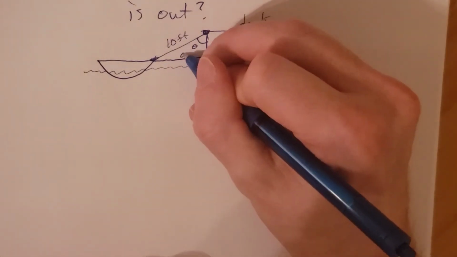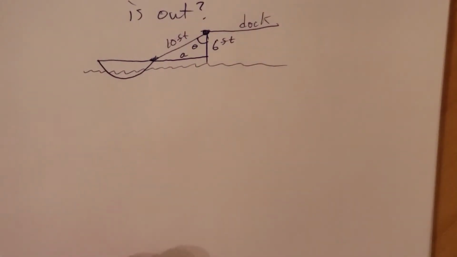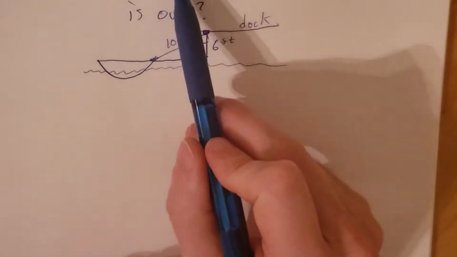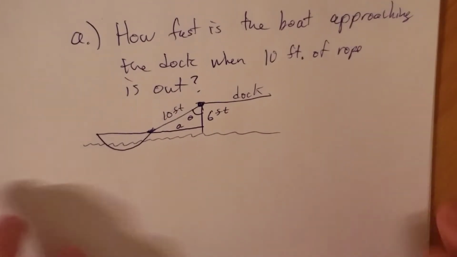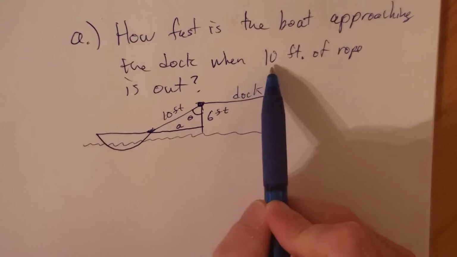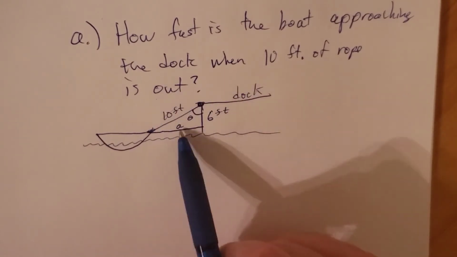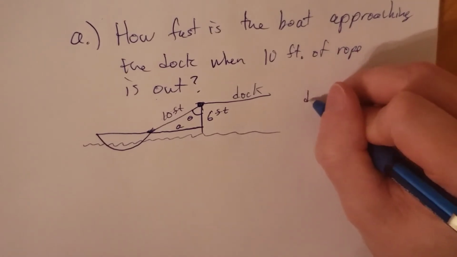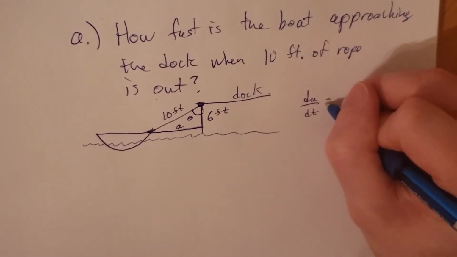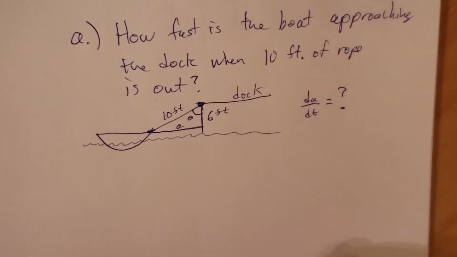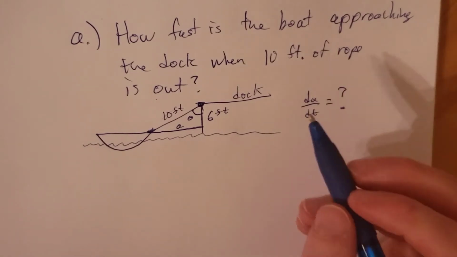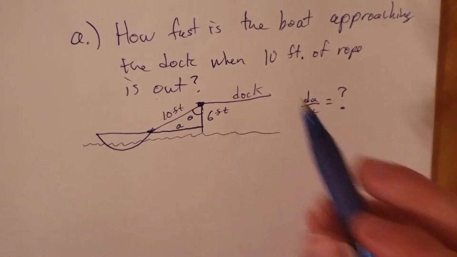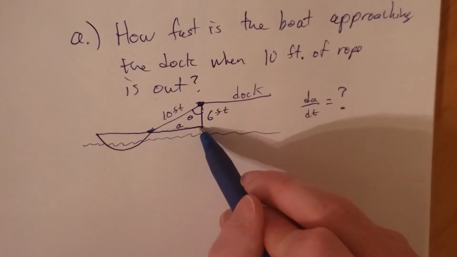Let's just go ahead and call this variable A here. Now we want to know how fast is the boat approaching the dock when 10 feet of rope is out. So if this distance is A, we want to know dA/dt. And then the question is, what kind of a formula can relate all of these things?